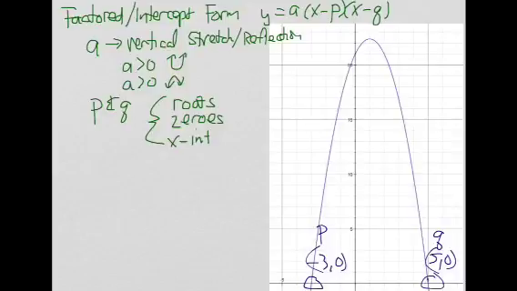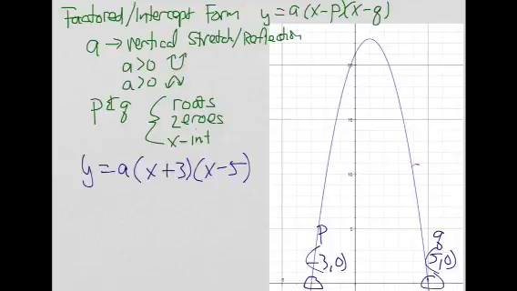And it doesn't matter which one is which. But we have those values we can plug straight into the equation and say y equals a times x minus a negative 3 times x minus 5. Now, just like on the other problem, all I have to do is find an a value. So to find an a value, again, I'm just going to find a point I can read off the graph. That looks like 4, 10.